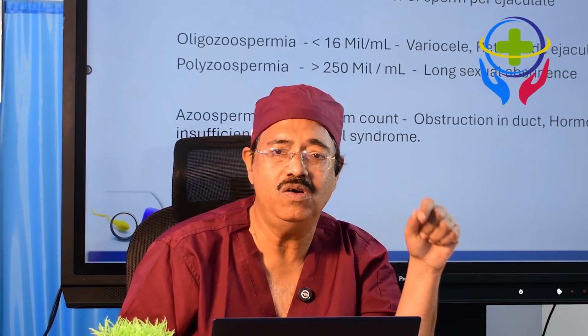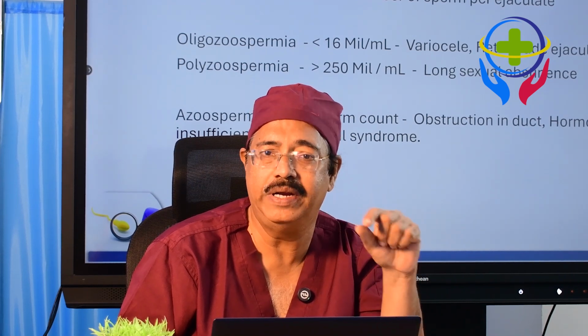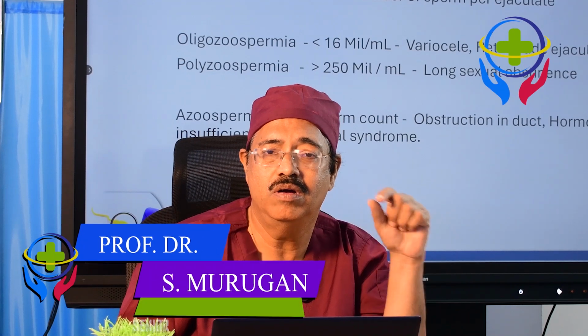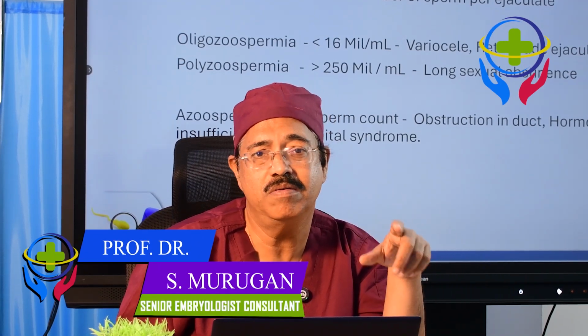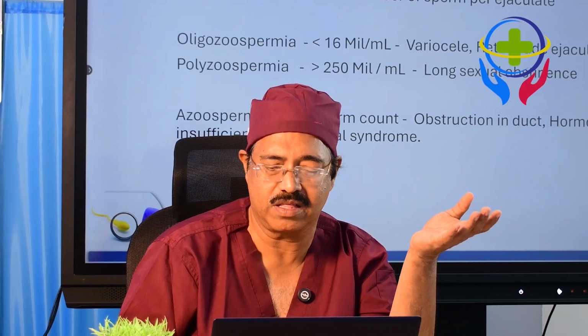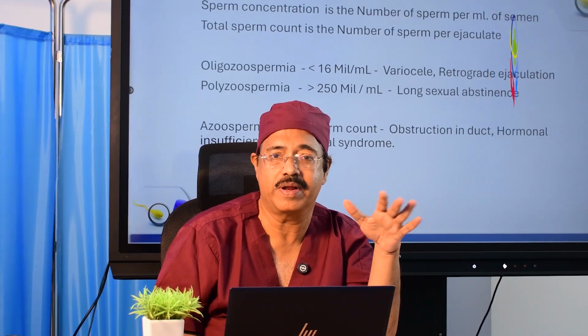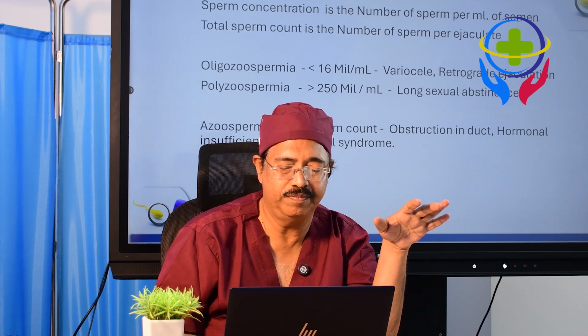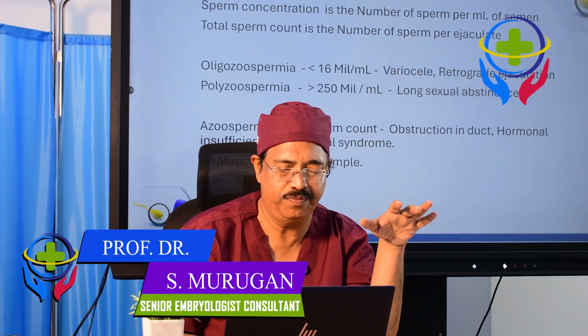Then decant the whole supernatant and observe the pellet completely in the chamber or in a petri dish under a powerful magnification like 400x, and then confirm whether there is no sperm present in the whole sample. Then we have to give a report as azoospermia.